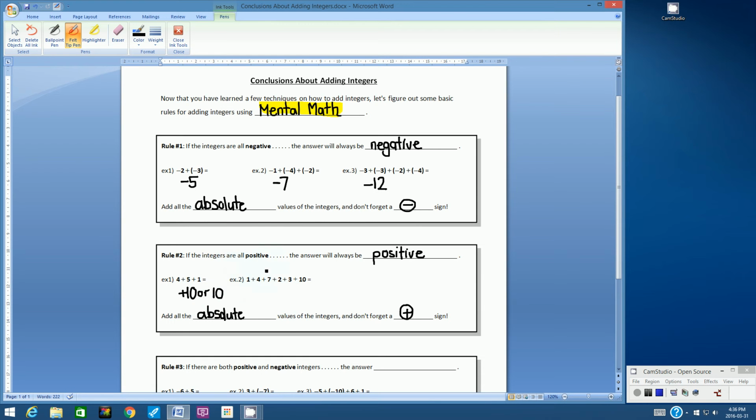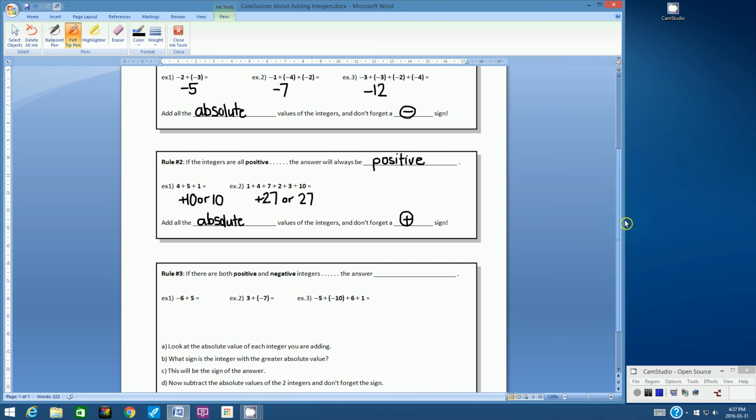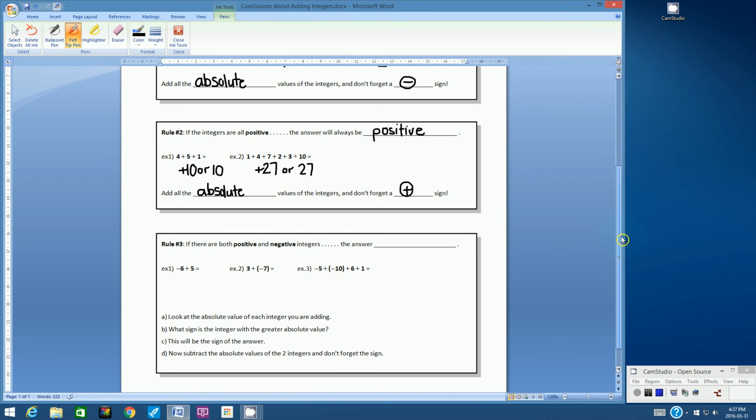All right, example 2. 1 plus 4 is 5, plus 7 is 12, plus 2 is 14, plus 3 is 17, plus 10 is 27. So you can write it as positive 27, or even better, in standard form, just 27. Okay, so rule number one, rule number two, very, very simplistic. So let's look at the challenging rule.